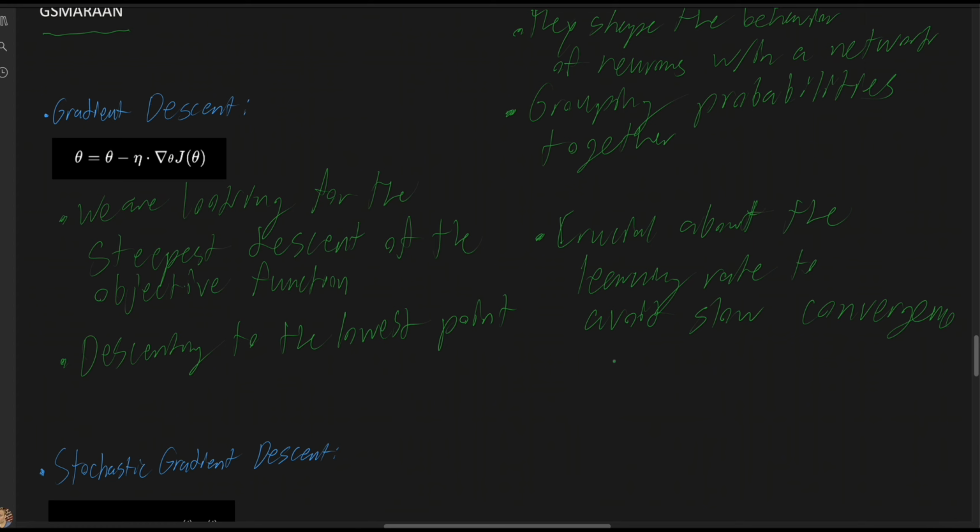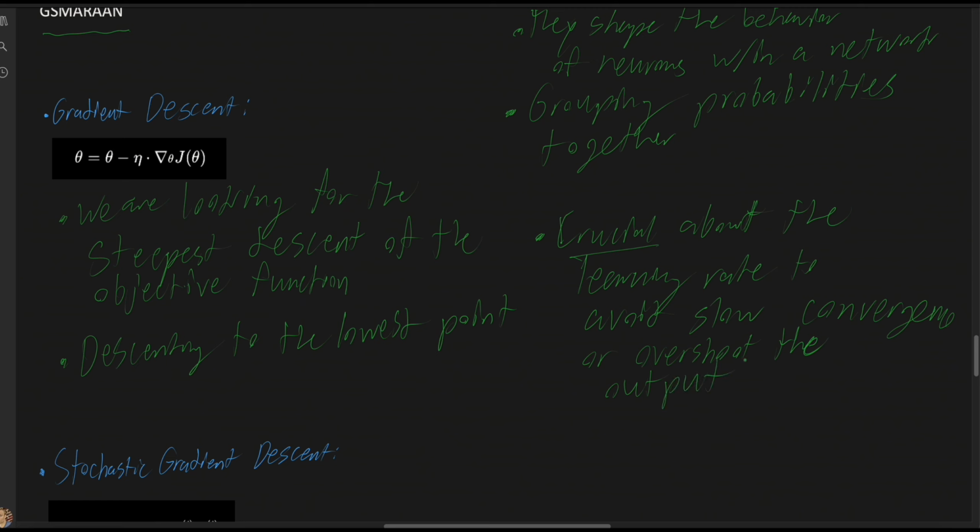And if we have too large of a learning rate, that means we would overshoot the output.